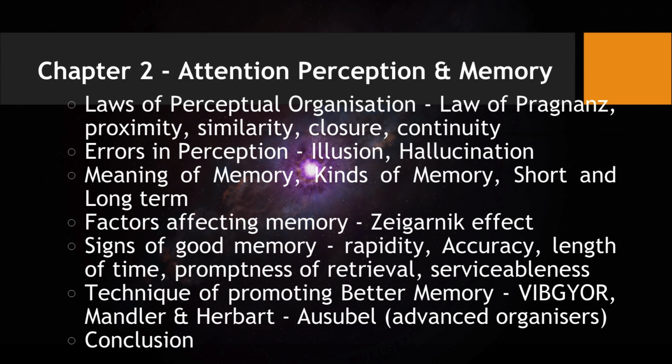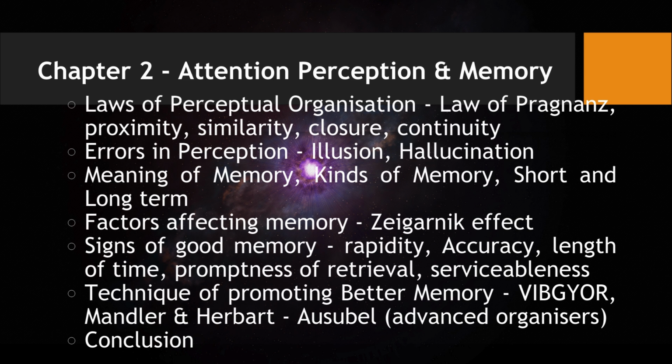Illusions do have apparent external stimuli, but hallucinations do not have stimulus objects. All experience illusions, but few, generally the mentally ill and those under the influence of drugs, experience hallucinations. The same situation arouses the same illusion in all subjects, but hallucinations occur under particular circumstances in different individuals.